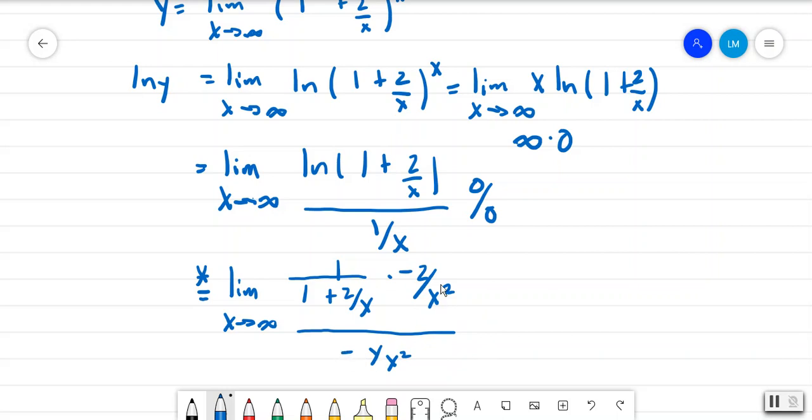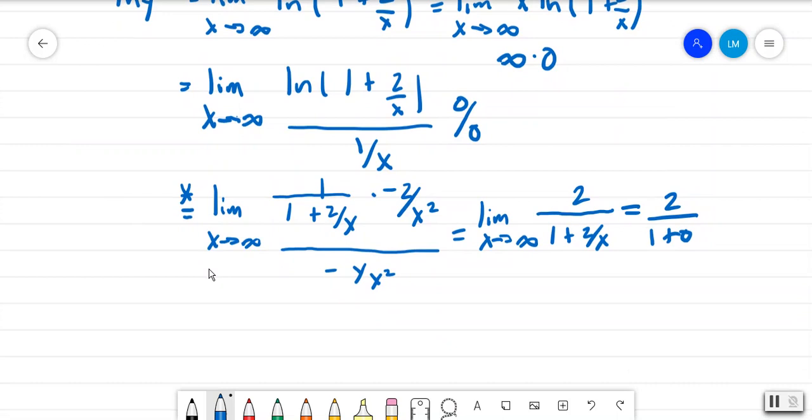The negative 1 over x squared cancels out with the negative 2 over x squared, but it's just going to be 2. So this simplifies to the limit as x approaches infinity of 2 divided by 1 plus 2 over x. If you take the limit as x approaches infinity, this is just going to be 2 divided by 1 plus 0, which is just 2. So the limit value is equal to 2.